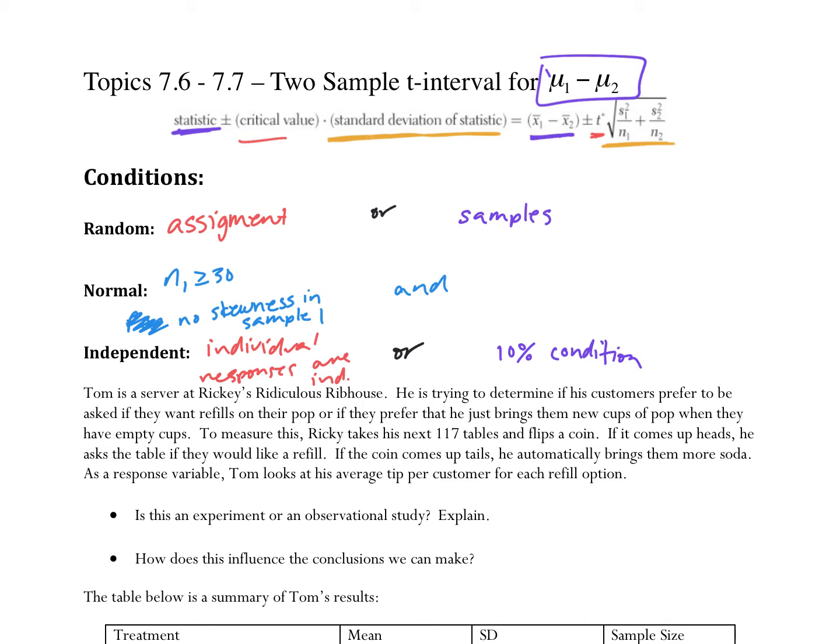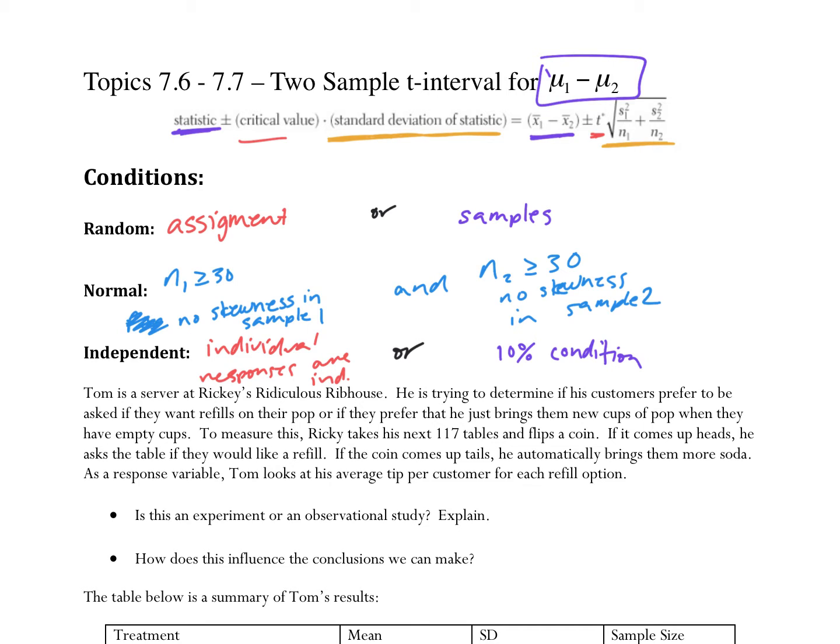And you just do it for both. And it could be any variation of that, right? So you're basically checking the normal condition for both samples instead of just one.